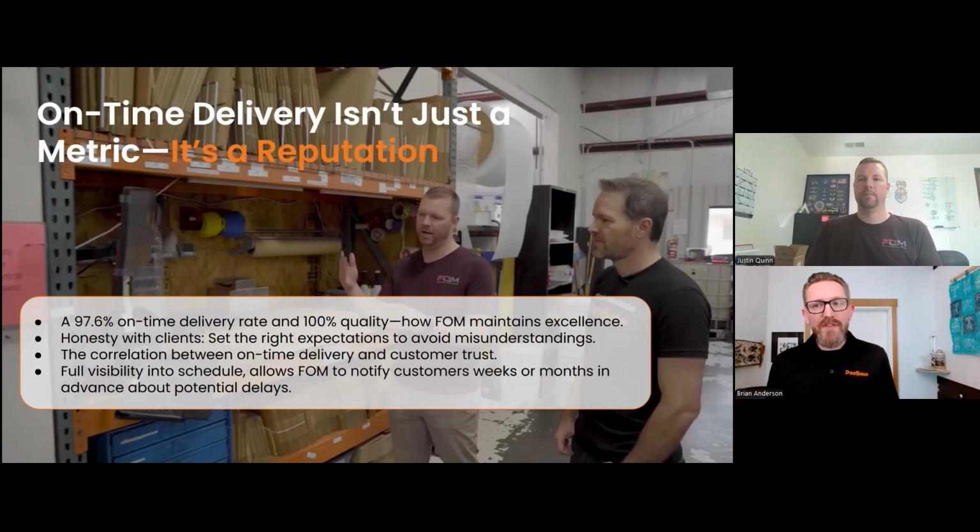Because even though you have very good delivery numbers and quality numbers with your customers, sometimes things don't work out, and they definitely appreciate, even if it's a tough conversation, knowing that sooner rather than later.